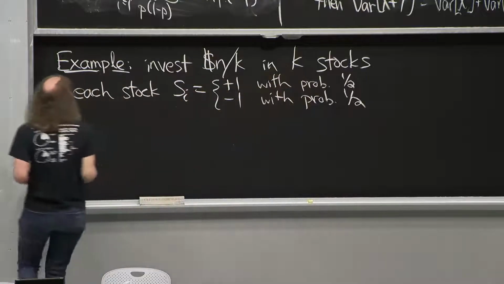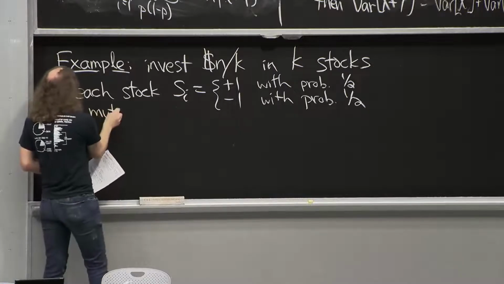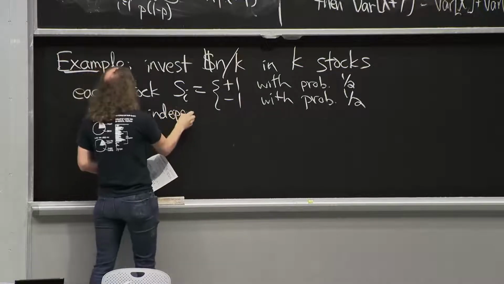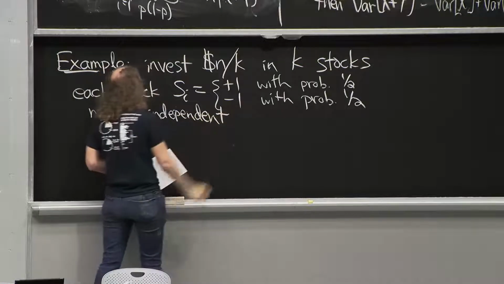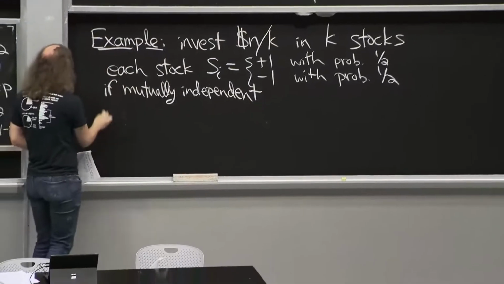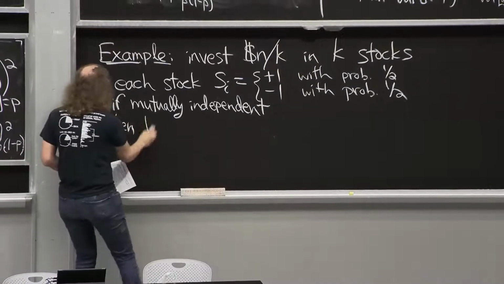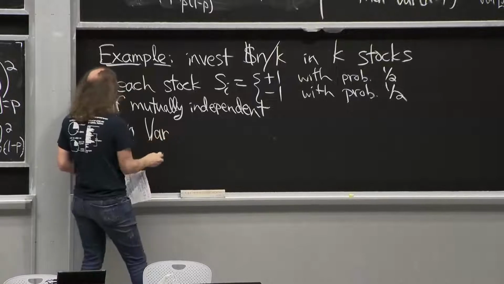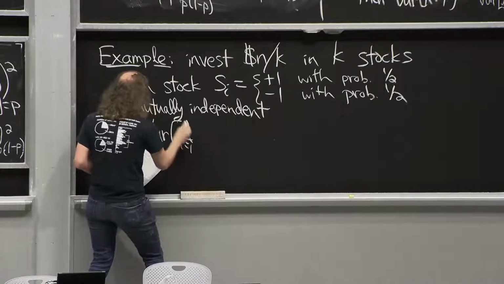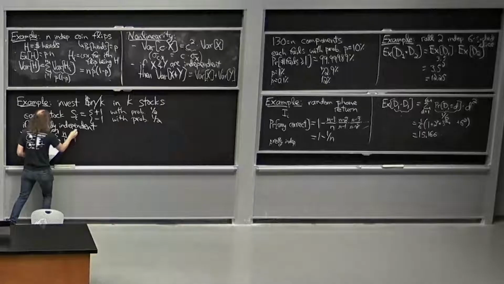But now each stock is, let's say they're independent, mutually independent. This is probably not a reasonable assumption. Do not invest in the stock market with this advice. But if we assume that they're mutually independent, then what we get, if we want the variance of our overall outcome, which is the sum over i equals 1 to n of n over k times Si.